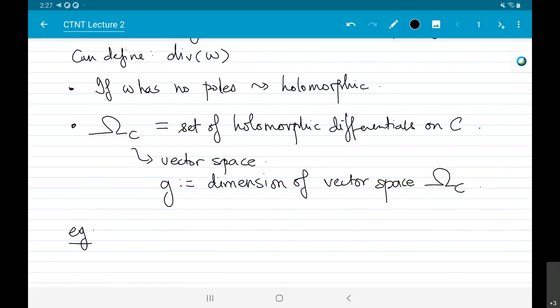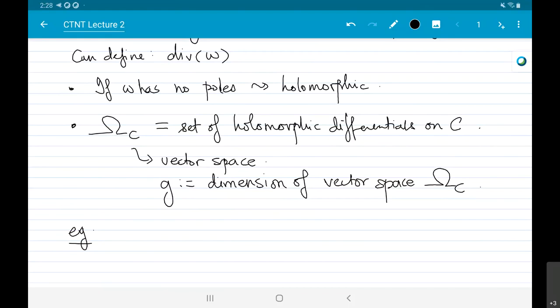First of all, I want to define the divisors. I promised you that it makes sense to talk about poles and zeros of a differential, right? So let's see what that means.